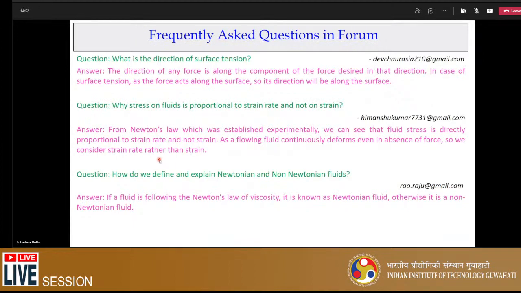Otherwise, we call them non-Newtonian fluids. That's what we did with a sketch. There are a lot of examples. You can browse books like F.M. White and Cengel and Cimbala, which list the fluid flow problems that involve non-Newtonian fluids. You can look at that and take more interest in learning about non-Newtonian fluids.